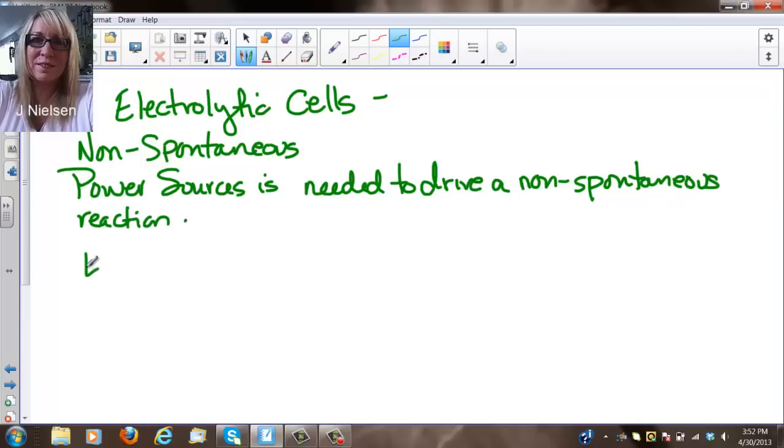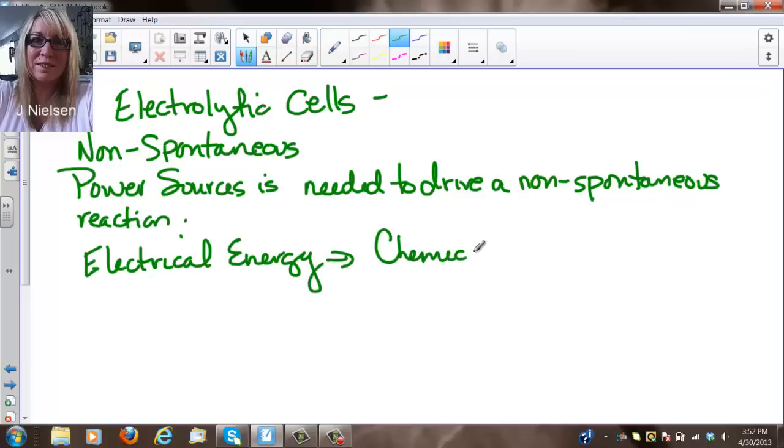So you're taking electrical energy, which is from the power source, and you're using that to make chemical energy. So it's the opposite of a voltaic cell.